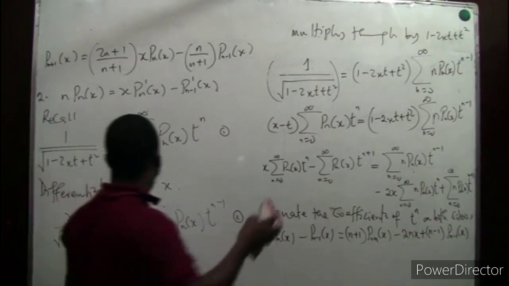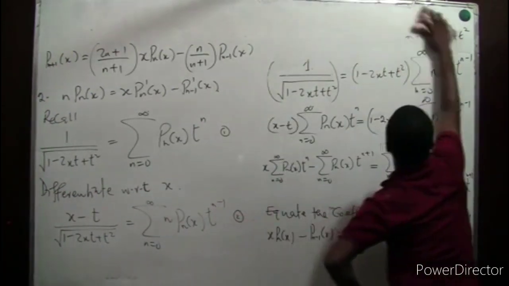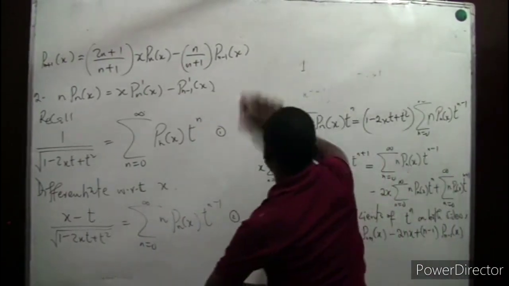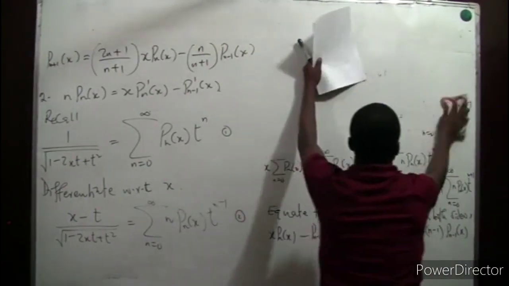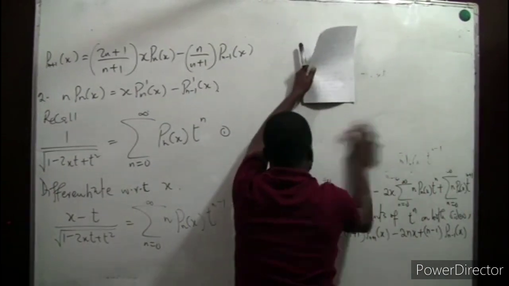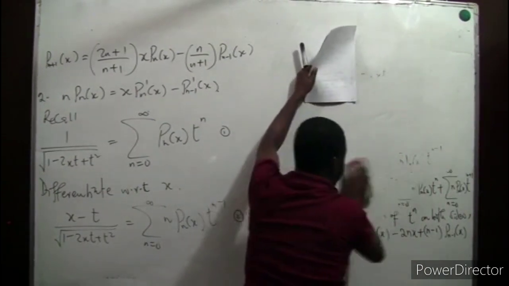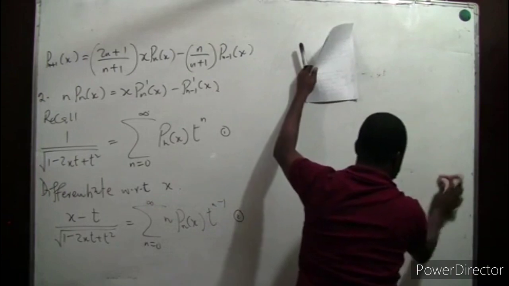Let us also look at the derivative with respect to the second variable, which is x. We have differentiated with respect to the first variable t. Let's differentiate again with respect to the second variable, x.